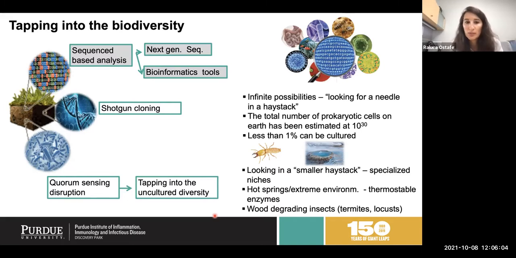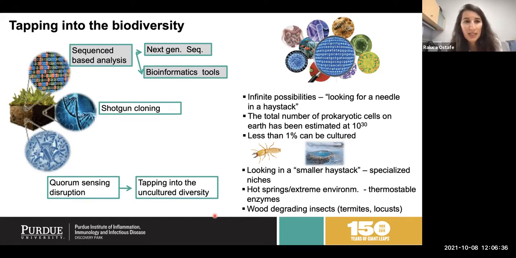We don't do that so much. We are mostly developing functional screening, and for that we either take the diversity, isolate the gene, and try to recombinantly express it in different strains, or we try to isolate the microbes that are producing the function of interest, but first we need to disrupt the quorum sensing, because microbial communities secrete all sorts of signals that prevent the growth of other microbes from that environment.